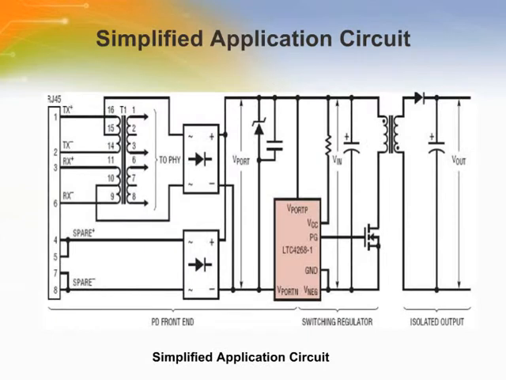The LTC4268-1 high-power powered device interface controller and switching regulator has several modes of operation depending on the applied V-port voltage. These various modes satisfy the requirements defined in the IEEE 802.3af specifications. The input voltage is applied to the V-port N pin with reference to the V-port P pin and is always negative.